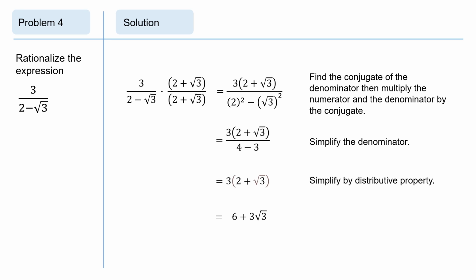So, we have 3 times 2, that is 6. Then, 3 times the square root of 3, that is 3 square root of 3. We cannot combine these two terms further kasi hindi sila similar terms. Therefore, ang final answer natin is 6 plus 3 square root of 3.